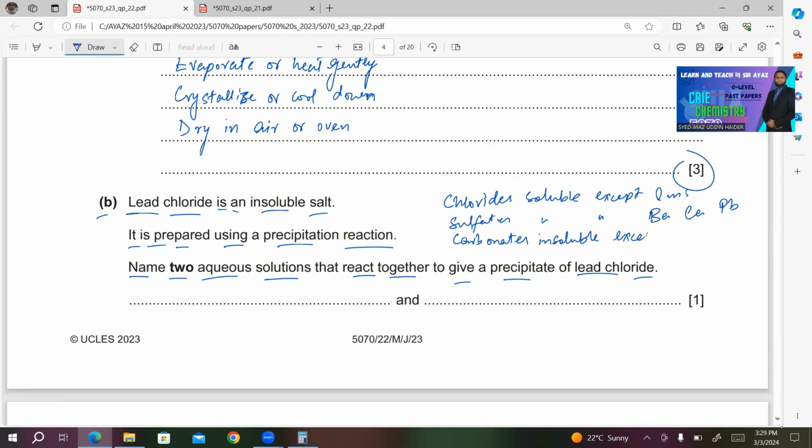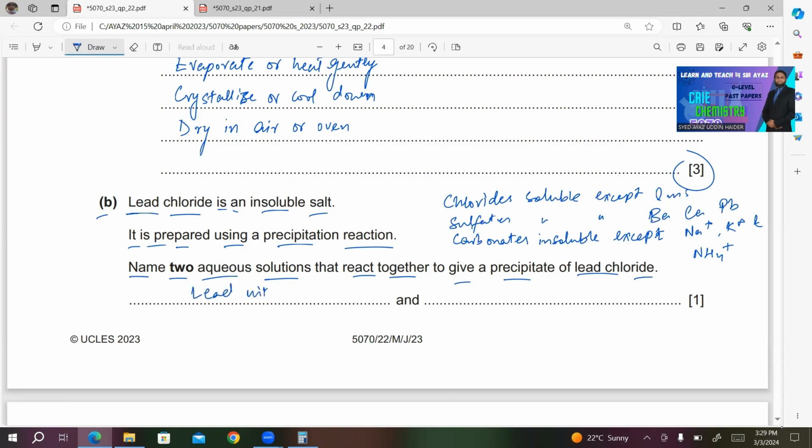except sodium, potassium and ammonium. Now we are left with only the nitrate. So we can take lead nitrate. All nitrates are soluble. So we'll take lead nitrate.